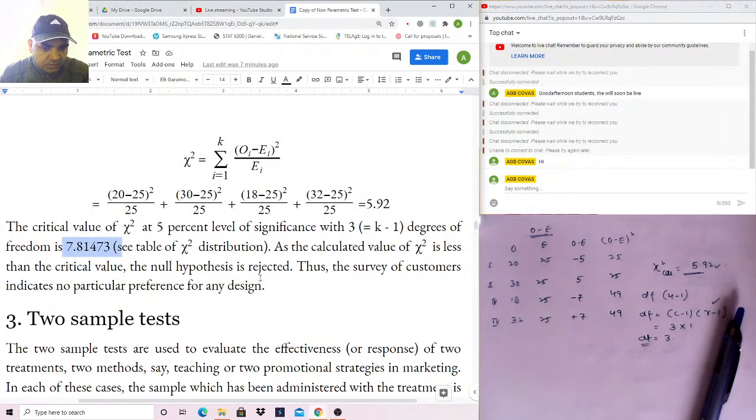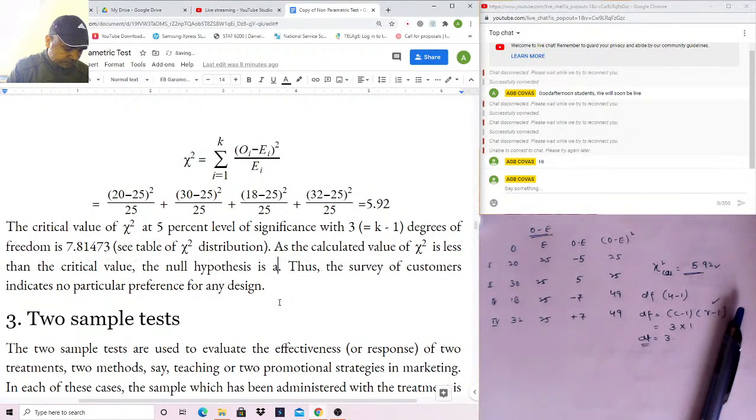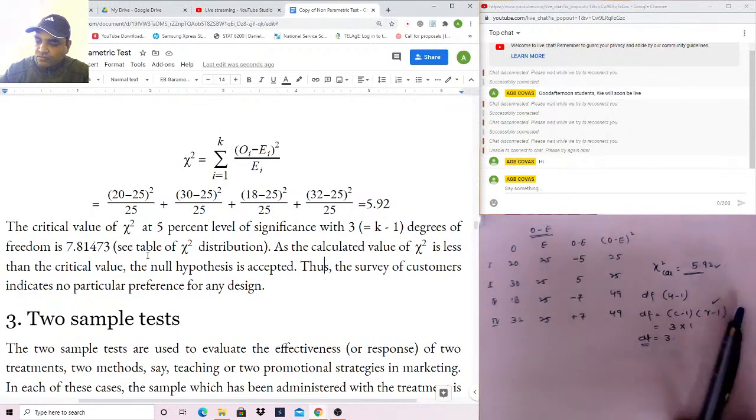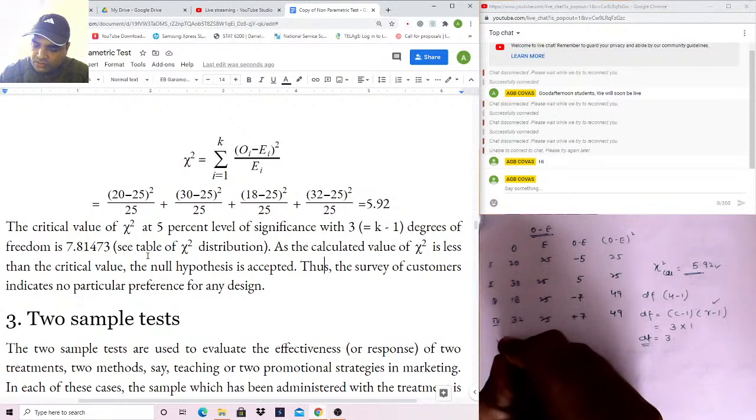So this null hypothesis is accepted actually. Null hypothesis is accepted. Thus, the survey of customers indicates that there is no preference for any design. That is, all preferences are equal. Okay. So this is how we do this chi-square testing.